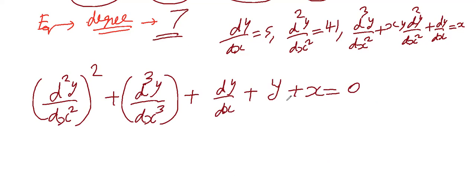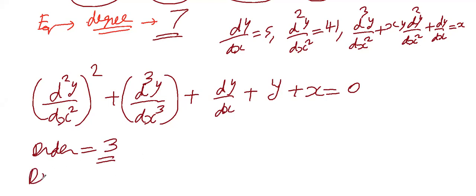Now I am going to ask you one question. What is the highest order in this particular differential equation? The highest order in this equation will be 3. So I will say the order of this differential equation is 3.